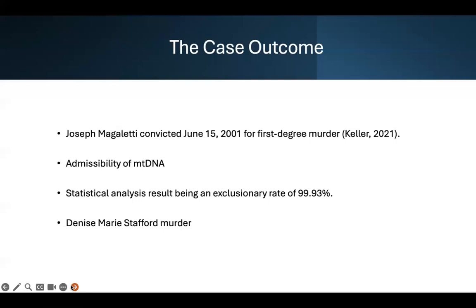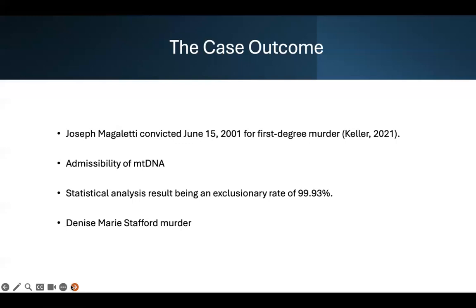The counting method was used and a 95% confidence interval was applied. So this proved that 99.93% of people randomly selected would not match the unknown hair sample that was found at the crime scene.